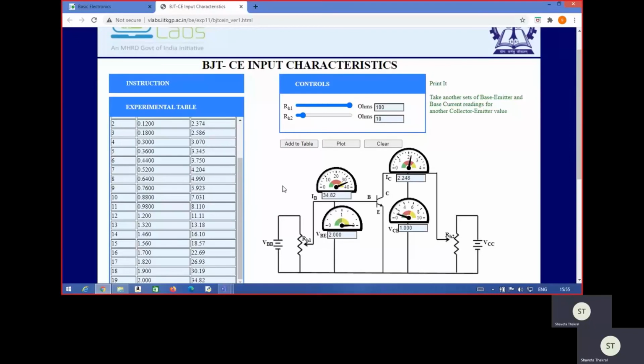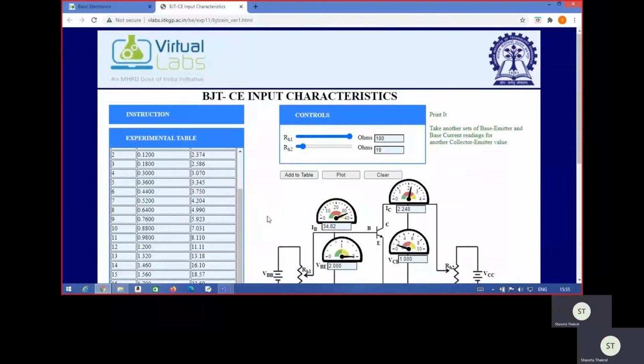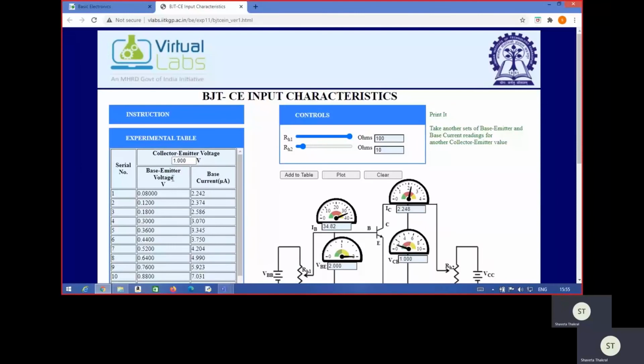Now we can take the printout of this curve or take a screenshot of this curve that is drawn here, and after that we can clear all the readings and change the value of VCE from 1 volt to, let's say, 2 volt or 3 volt. And for the second constant value of VCE in the experimental table, we will have another set of readings between VBE and IB.